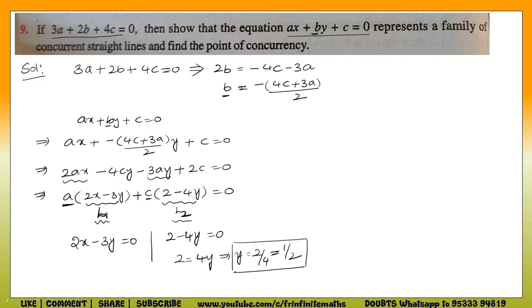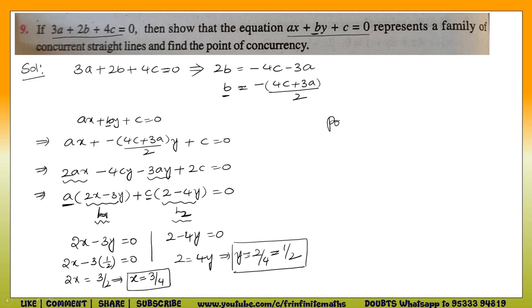When I substitute this value of y in this particular equation, I can write 2x minus 3 times 1 by 2 is equal to 0. So from this 2x is equal to 3 by 2. So finally I am going to get x is equal to 3 by 4. So I got the value of x as well as y. Here x comma y are nothing but my point of concurrence, right?